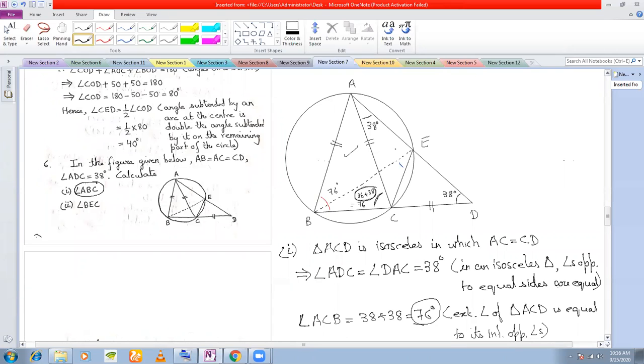Now if you see this blue angle here, this BEC and this angle, they are equal. Can we say that they are equal? And if so, then why? Can someone say why they are equal? Can anyone say why they are equal?